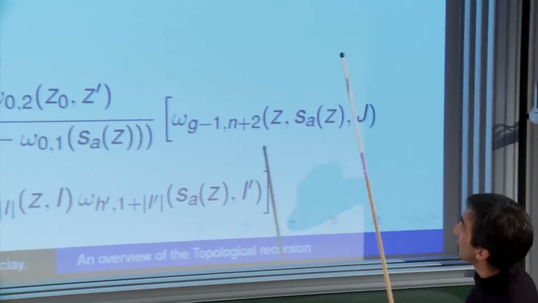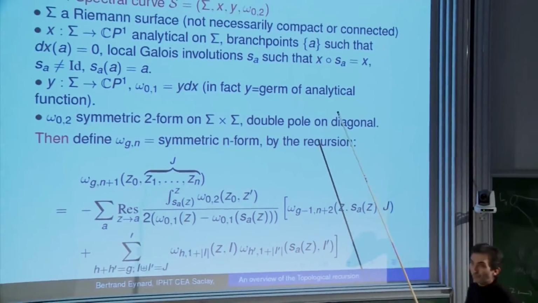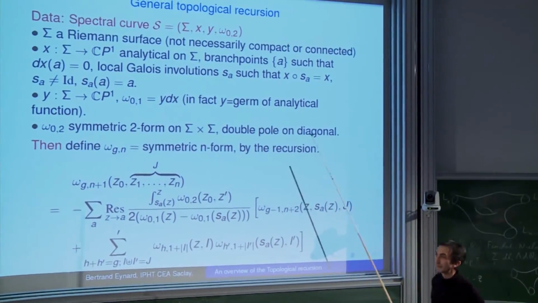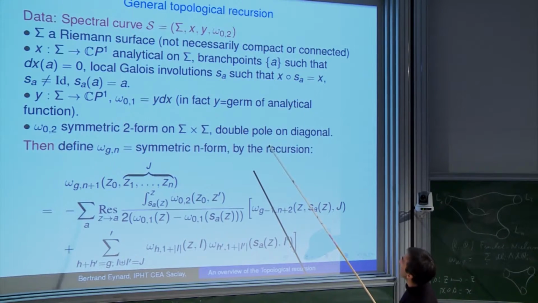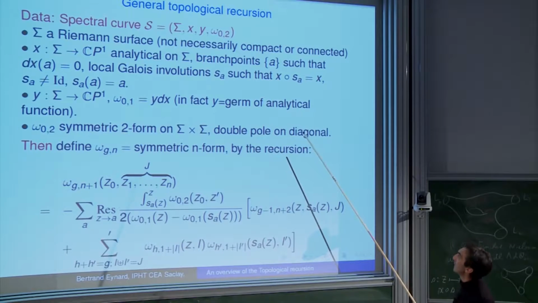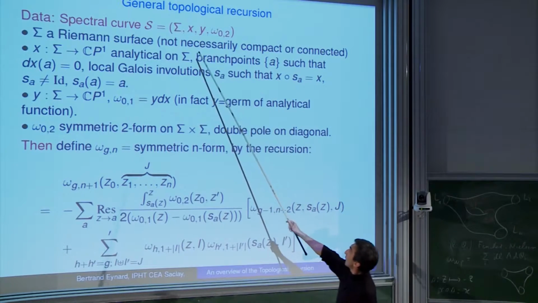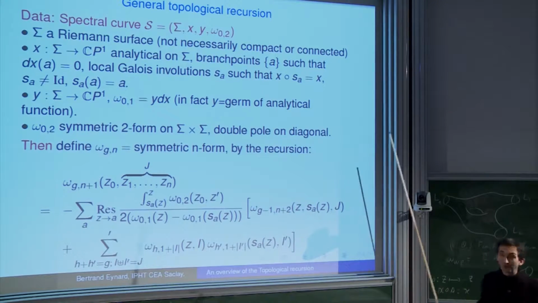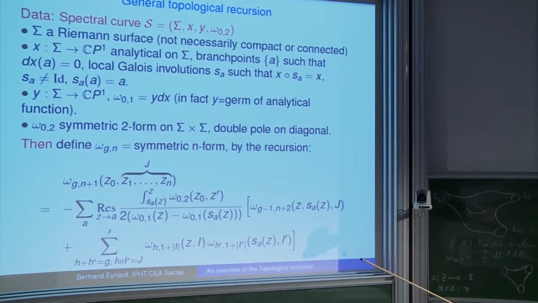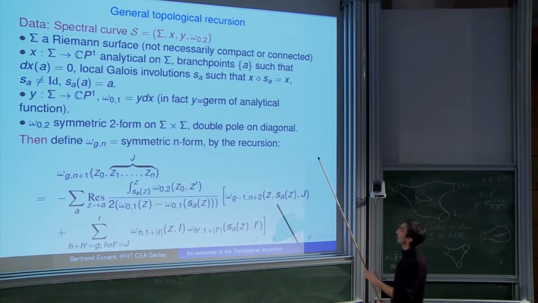So the general topological recursion, I like to define it this way. It's quite different from the definition which Professor Kazarian gave, but this is my way of doing it. It should be equivalent. I prefer it because there is a symmetry between x and y, which is not obvious at all from the definition, but it's there somehow.